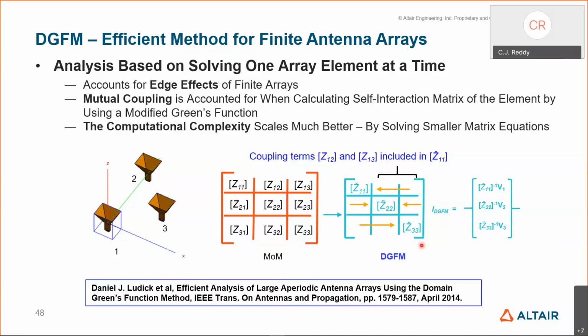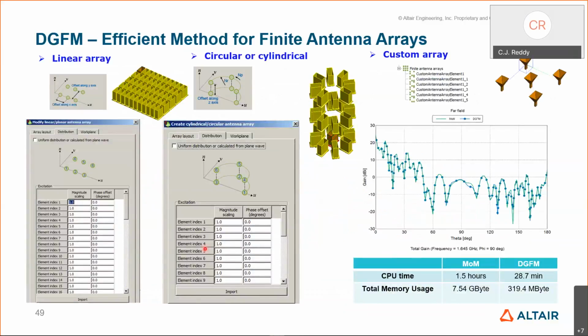And when I say easily, I mean you can solve them with less computational effort, that means memory and time. So you can do quick design of these finite arrays that take edge effects into account, as well as some mutual coupling. With this one, you can do a linear array like this one, a two-dimensional array, or even a cylindrical array, the one we're showing.